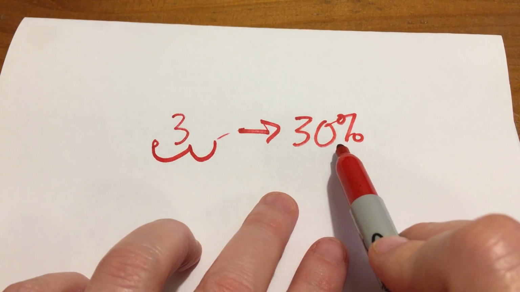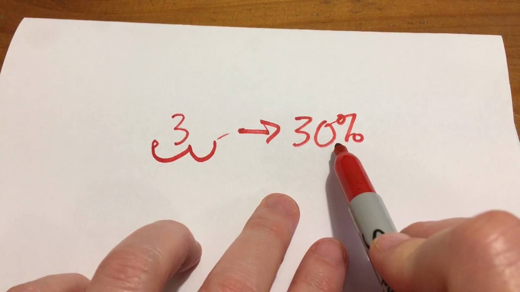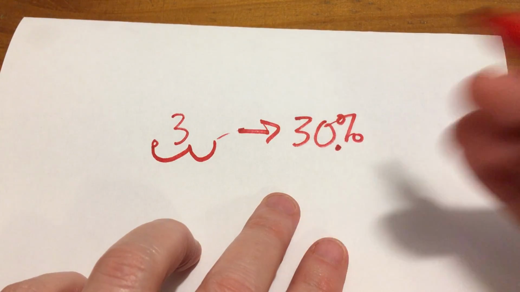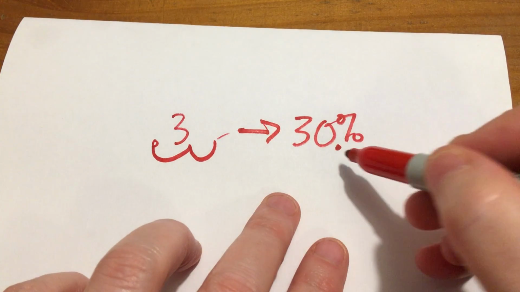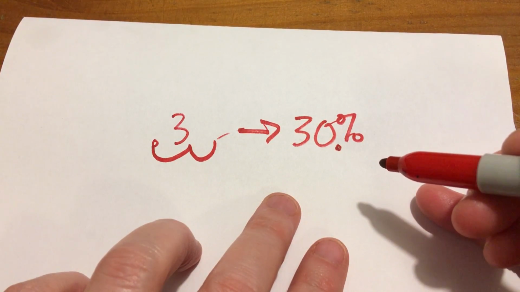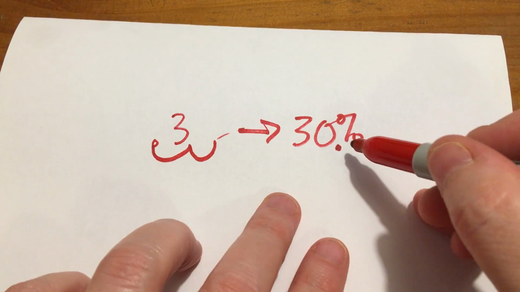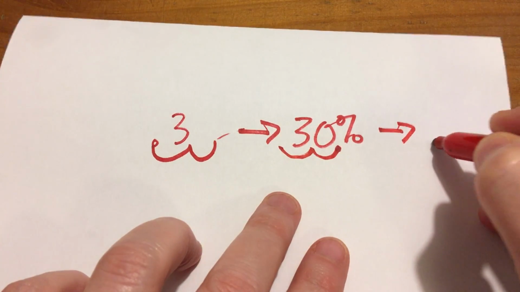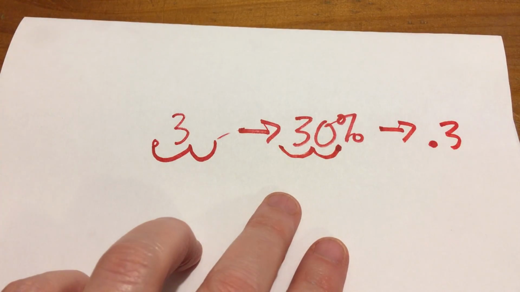To take that percent and change it to a decimal, you take the decimal place, which is right there. If there is no decimal, it's assumed to be right after the last number. And you move it 2 backwards, or to the left. So that brings us back to 0.3.